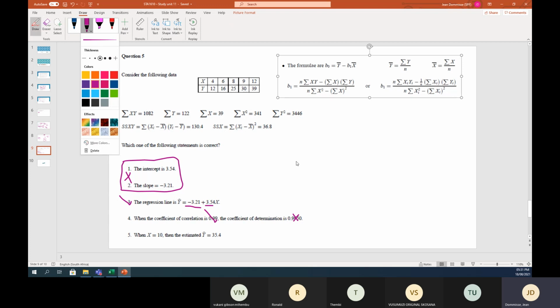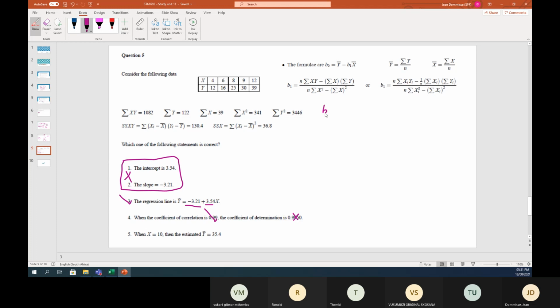So if we want to work out B0, we basically need to say B0 is the mean of y minus B1 times the mean of x. The mean of y is the sum of y, which is 122, divided by n, which is 5, because there are 5 y values. And for x, the sum of x, which they do give us, is 39, divided by 5.